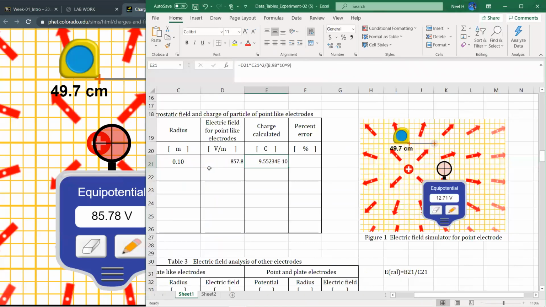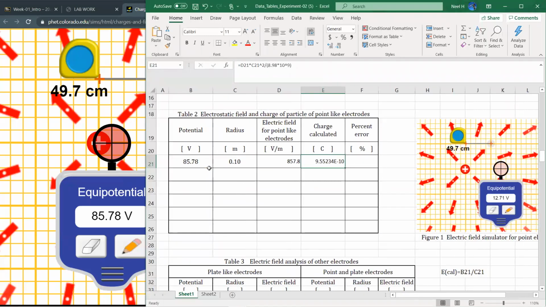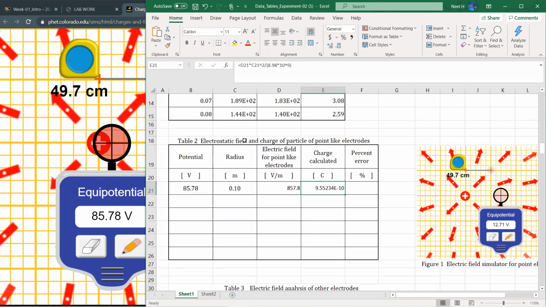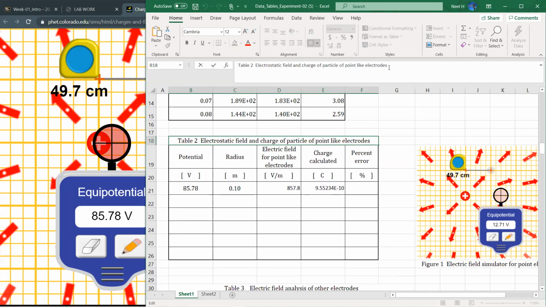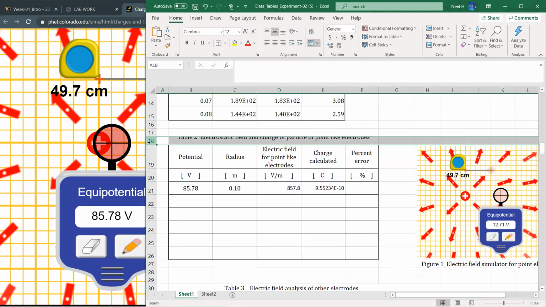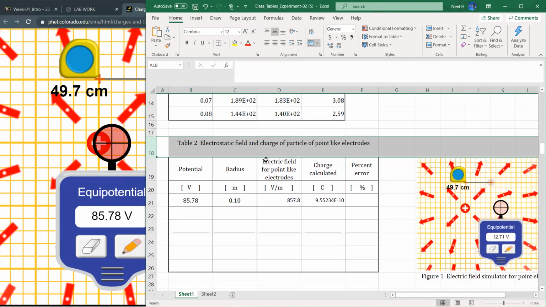That can confirm everything: Coulomb's law is valid, and the rate of change of potential being the electric field is valid, by just calculating backward to the charge value which we actually have in our simulator. The number we are expecting, I will write down on the top of this table, because that is our reference value.